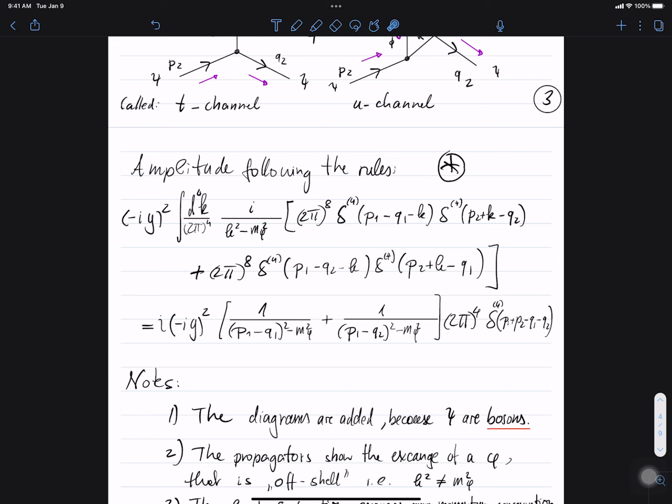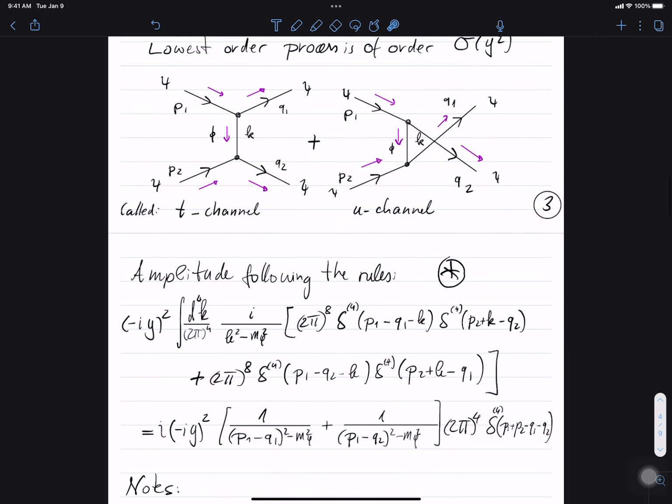In this delta function, we see that we get the same delta function that just conserves the total momentum. p1 plus p2 minus q1 minus q2 is just the total four-momentum conservation of the diagram. And the corresponding propagators turned into p1 minus q1 squared and p1 minus q2 squared. So we have a T-channel propagator and the U-channel propagator up here. The prefactor, the i from the propagators, I have pulled out, and we have the 2 pi to the 4 times the total momentum conserving delta function. Simple amplitude for this psi scattering process.